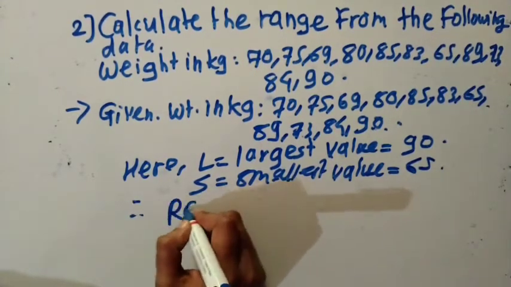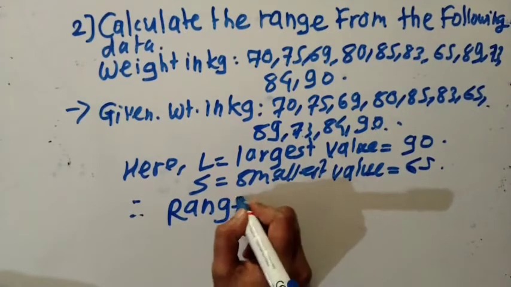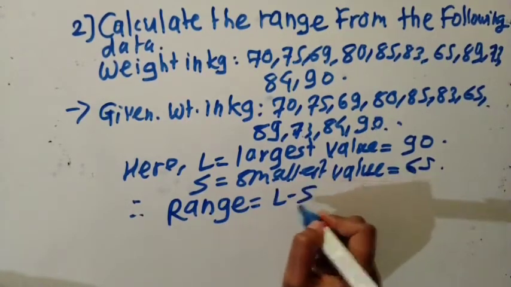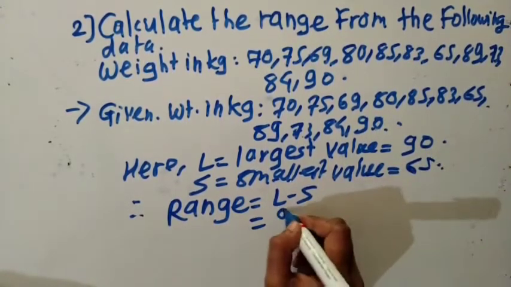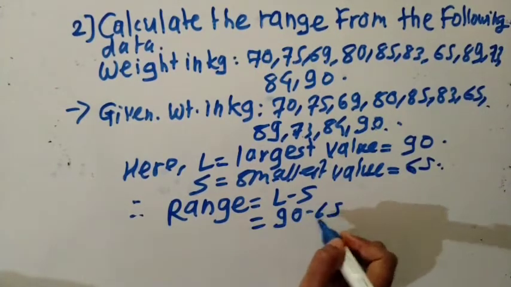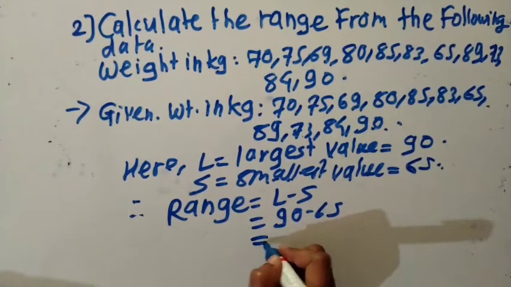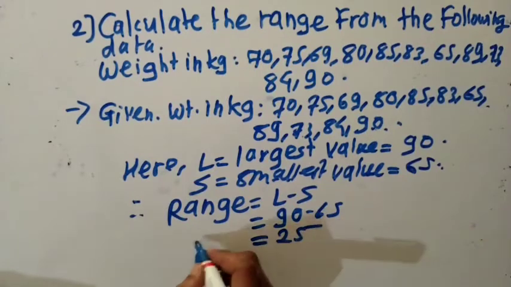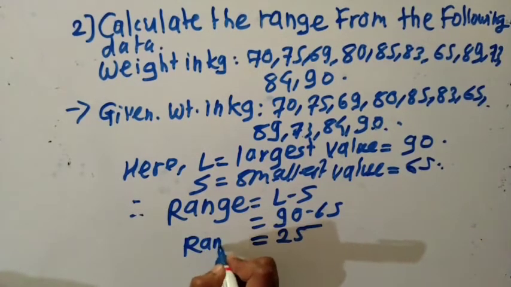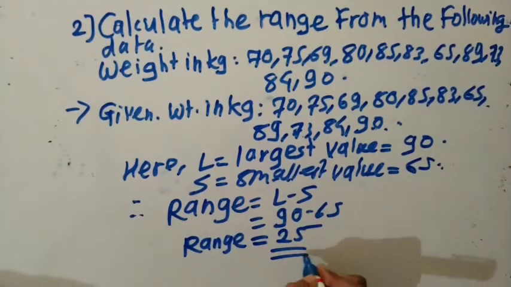Hence range is equal to L minus S, which means 90 minus 65, and 90 minus 65 is 25. Hence range is equal to 25.